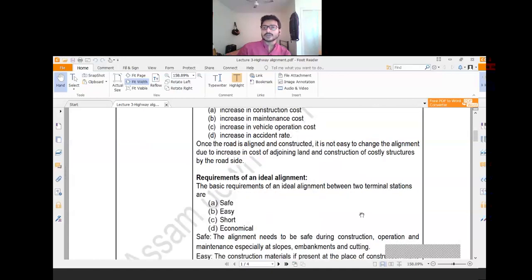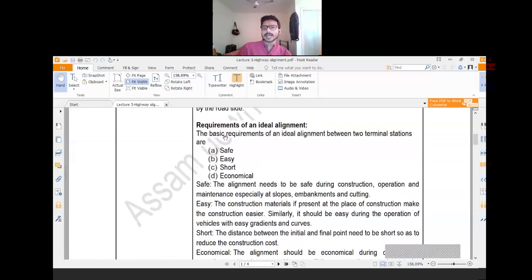Now, there are different requirements for an ideal alignment. It should be safe, it should be easy, it should be short, and it should be economical. Safe is in terms of construction, operation, and maintenance.